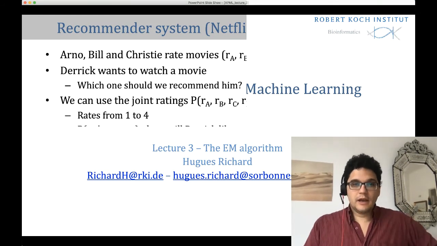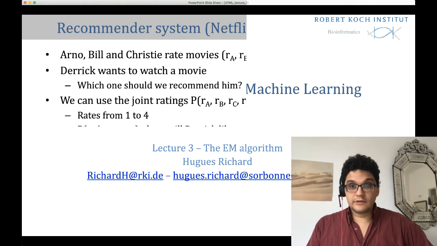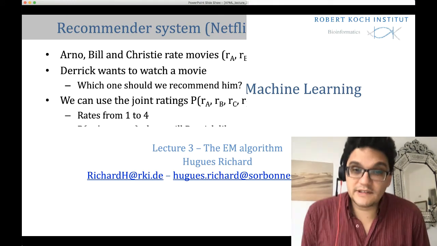And so we can write a general formula. Here you see the parameter we want to estimate, theta of A, B, C, D. This is the probability of getting a rating D from Derek, given that Arno gave rating A, Bill gave rating B, and Christy gave rating C. And this is simply, as you see, the maximum likelihood estimator.